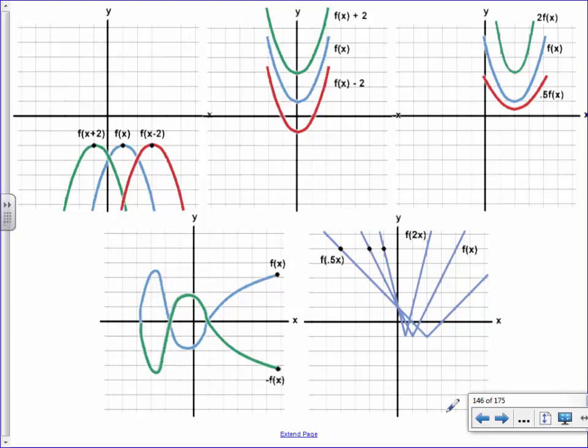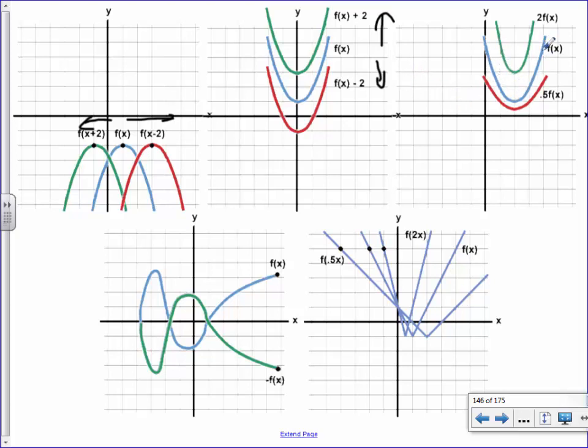I think rather than focusing on this, let's just hop to an example. Actually, I have pictures. One more time, I'm sorry if I'm being redundant. If this is your original function, the -2 shifted it that way, the +2 shifted it that way. If blue is your original function, -2 brought it down, +2 brought it up. Here's a trickier one.